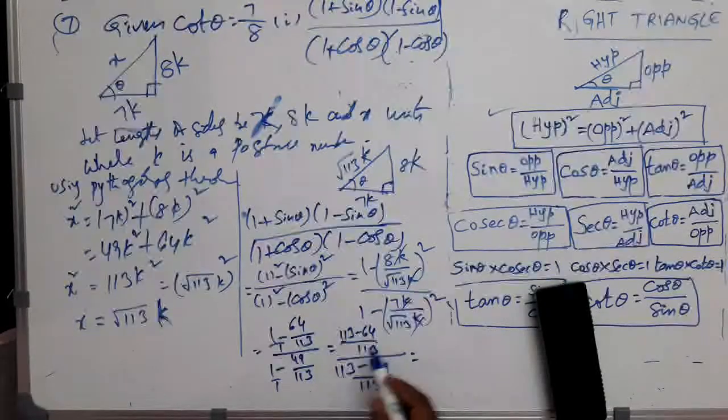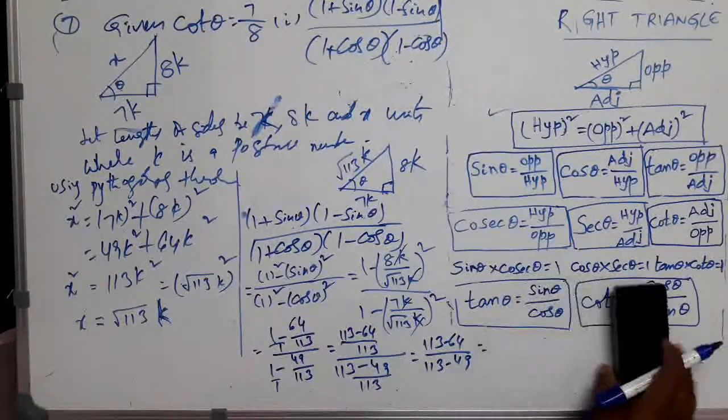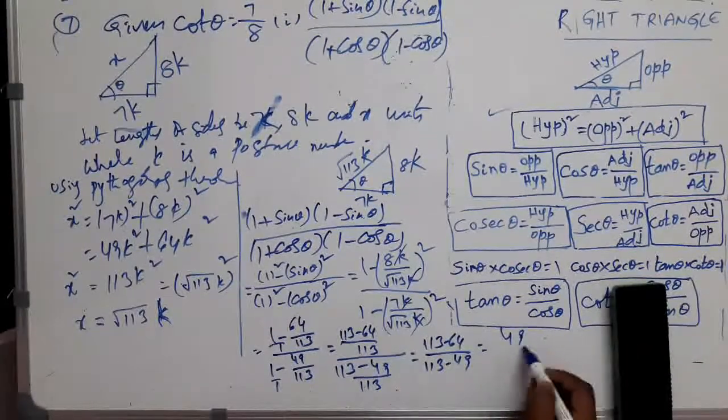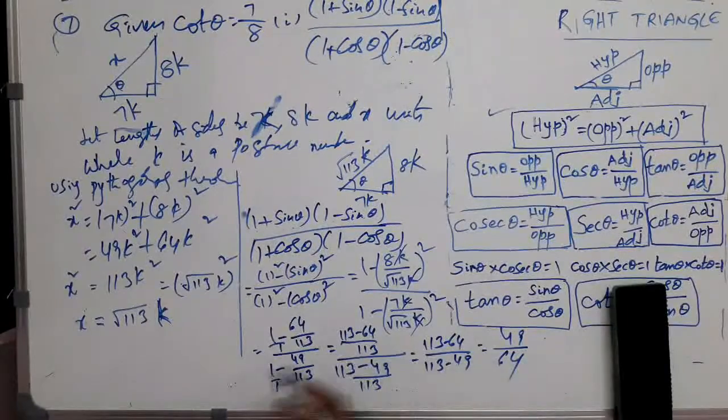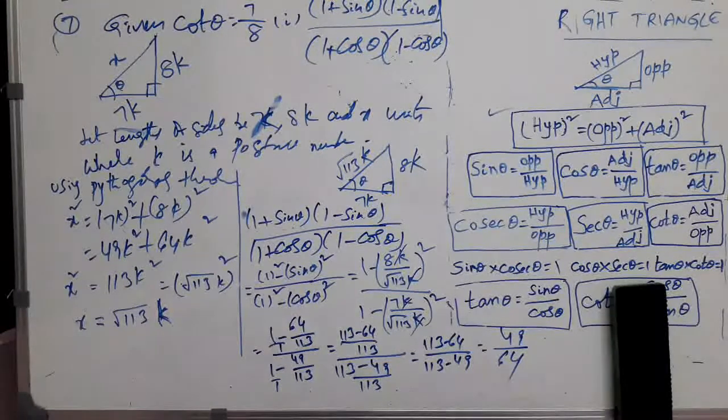So what will be remaining? 113 minus 64 divided by 113 minus 49. Simplify further, 49 divided by 64. That is your answer. You cannot simplify further now. Leave it like that. This is 49 by 64.